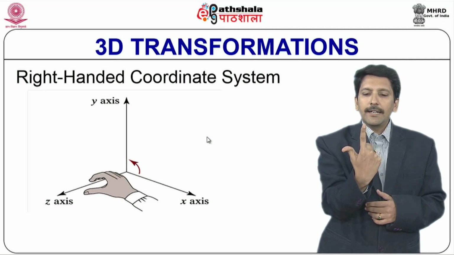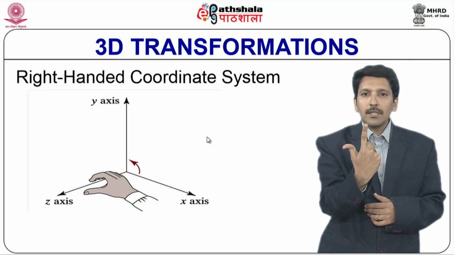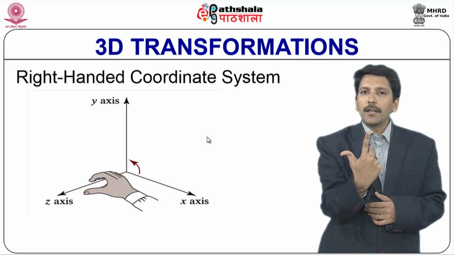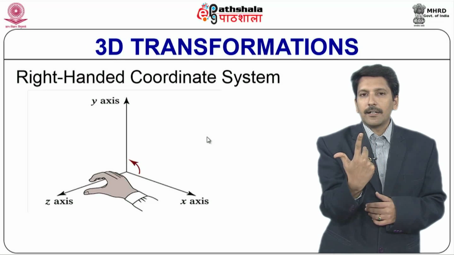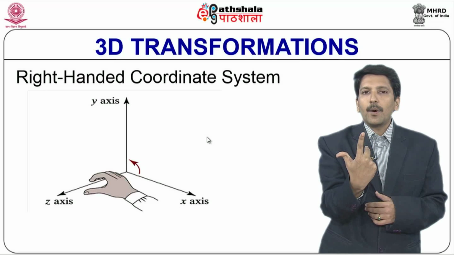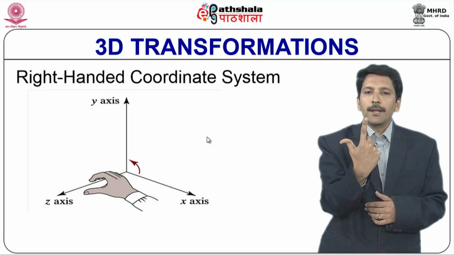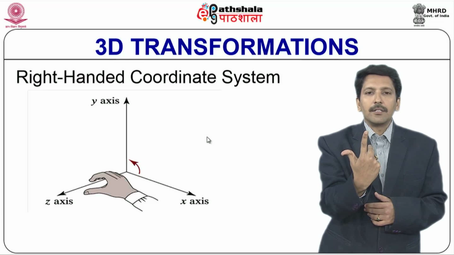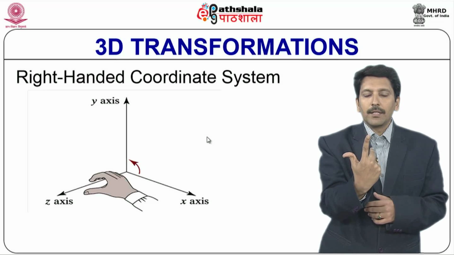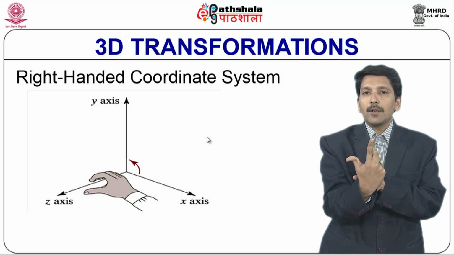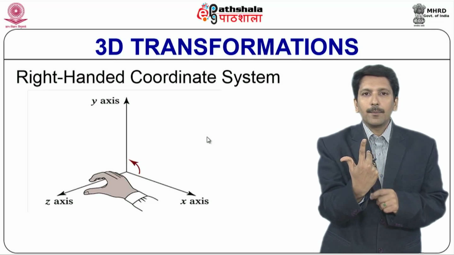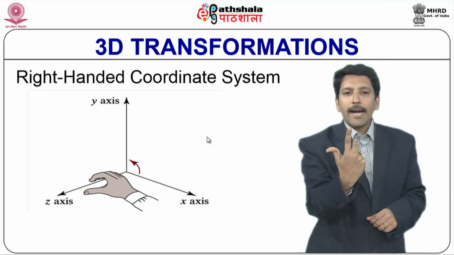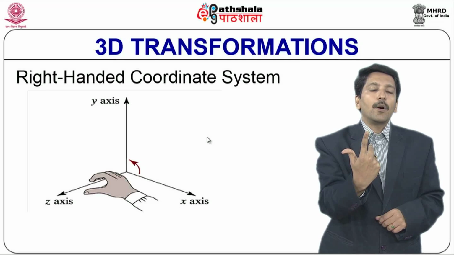Let the index finger point upwards, and let the thumb point in the right direction, that is the right side, because this is our right hand. The thumb points to the right side, the index finger points upwards and the middle finger points to the self. These three directions are considered as the positive x, y and z directions respectively. That is, the thumb points in the positive x direction, the index finger points in the positive y direction and the middle finger points in the positive z direction.